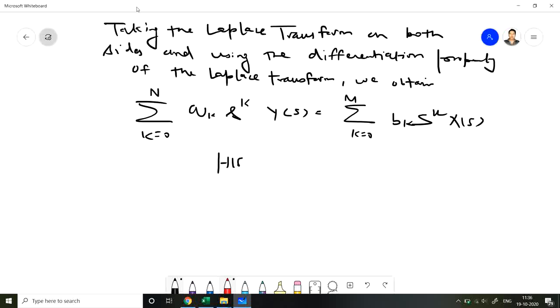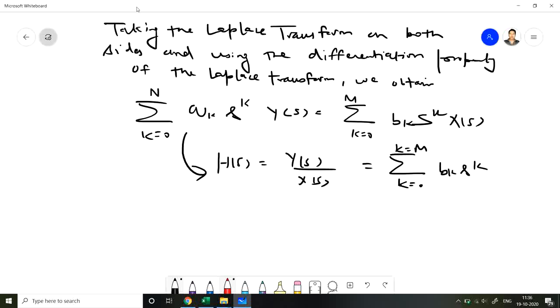So what is H(s)? H(s) is nothing but Y(s) divided by X(s), and from this equation it is equal to summation k equals 0 to M b k s raised to the power k divided by summation k equals 0 to capital N a k s raised to the power k.